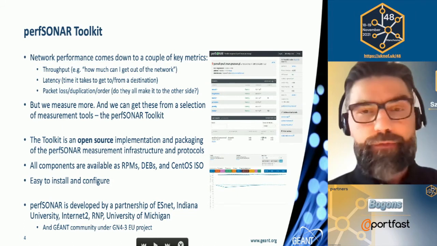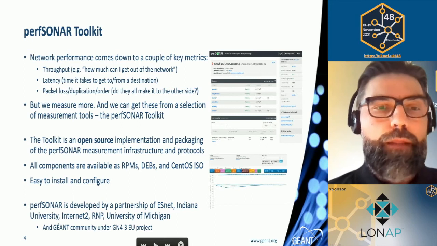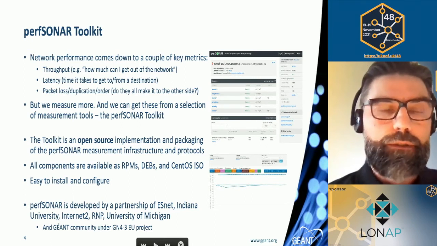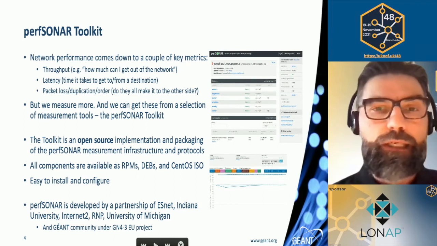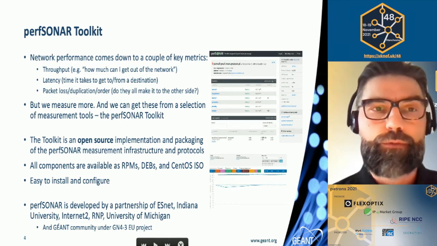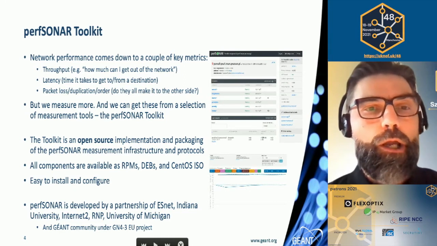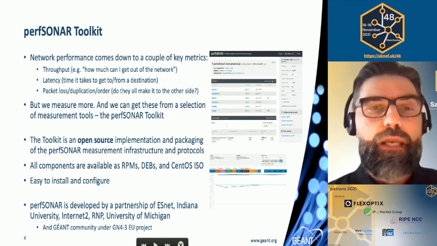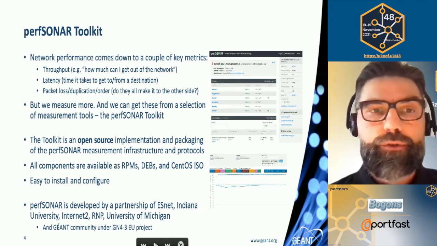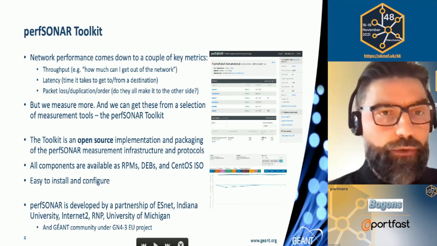With the toolkit, with perfSONAR, you have a capability of making network measurements, and there are many metrics we are covering. Let's take an example of at least some key ones. Throughput, so how much you can get out of the network. That's about setting the expectations I mentioned before. Then we have, of course, latency, so how long it takes to get from the source to destination. Metrics like packet loss, duplication, or reordering.